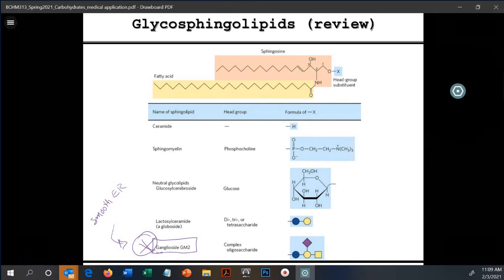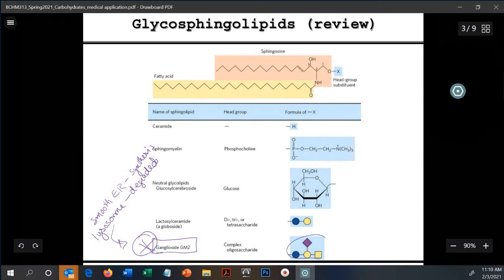And so these things are born in the smooth endoplasmic reticulum, I'll put synthesis, and in the lysosome is where they are degraded. And of course, we have enzymes that will be degrading the carbohydrate portion of the molecule, and other enzymes which will degrade the lipid portion of the molecule.